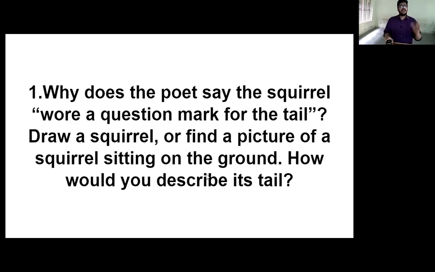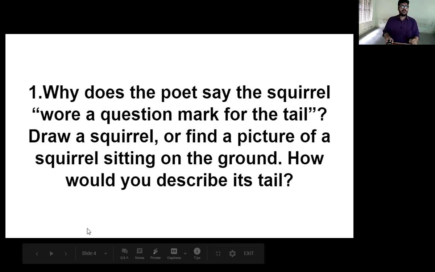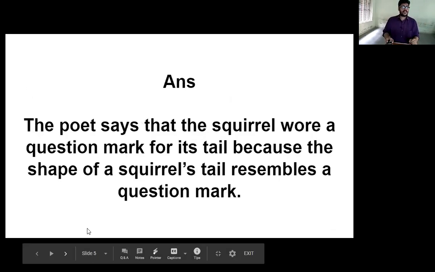And here one more thing, how would you describe its tail? Already we found that the poetess described the tail as a question mark. So what do you feel when you find a tail of a squirrel? Okay, just write it down. So without wasting much time, we are moving to the second question.